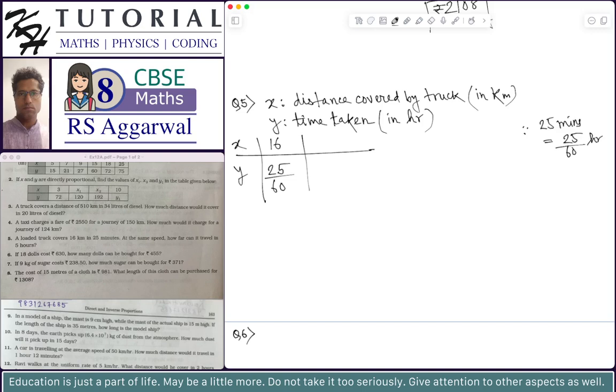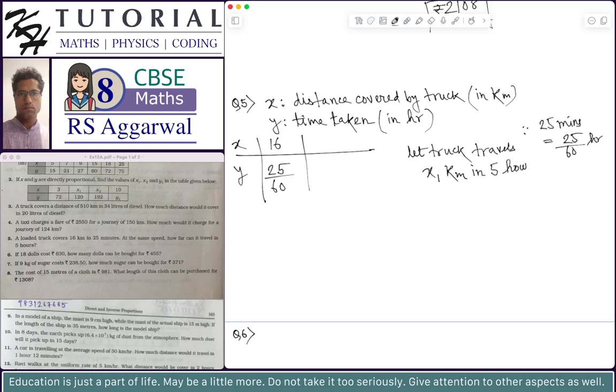We have one corresponding pair where the value of x is 16 and the value of y is 25 by 60. Now it is asking at the same speed how far it can travel in 5 hours. So let the truck travel x1 kilometers in 5 hours.